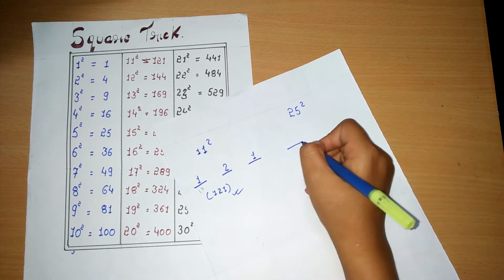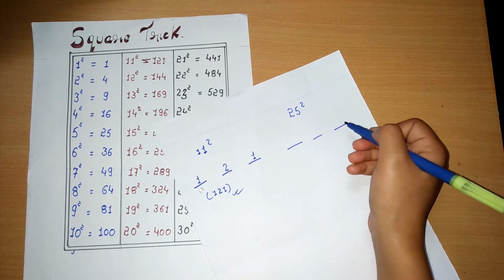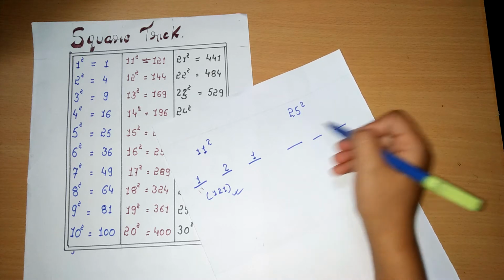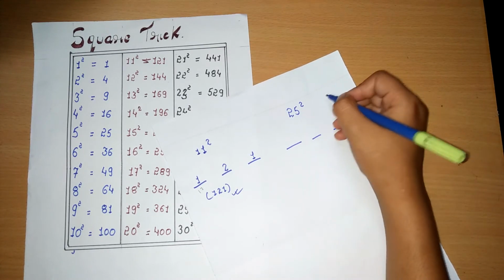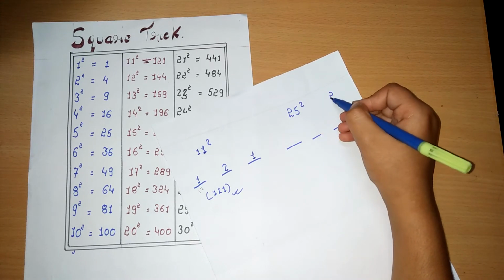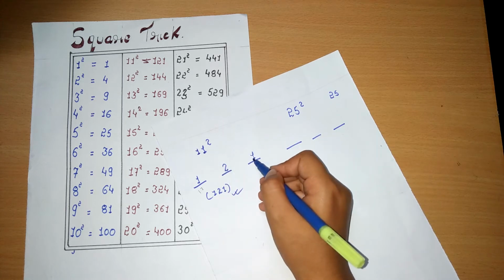Like this we are going to calculate the square of 25. Let us draw the three lines here. Then we put the square of these two numbers here and here, like 5 square is 25. But friends, we have to notice that 5 square is 25, a two digits number, but in 11 it was only one digit.